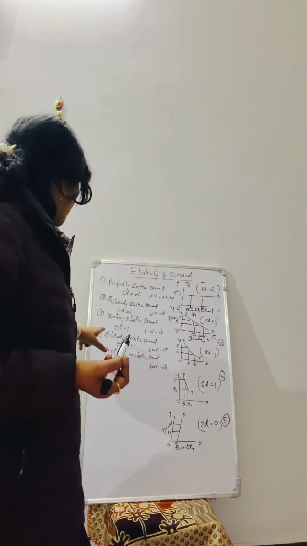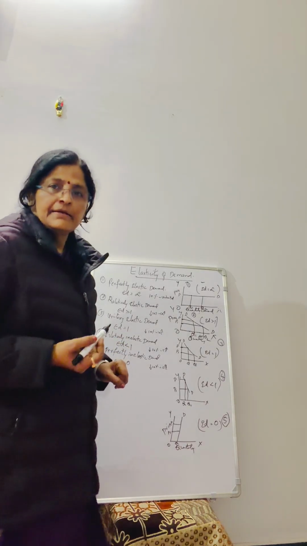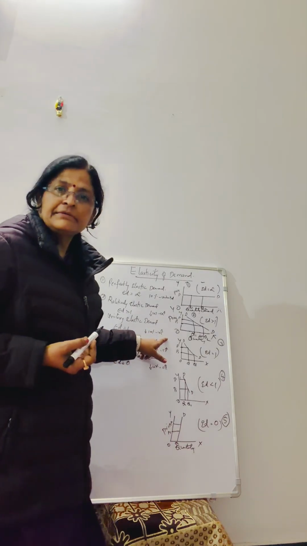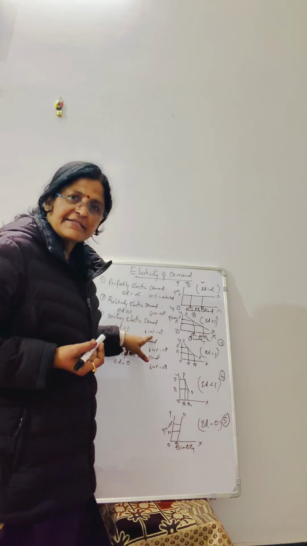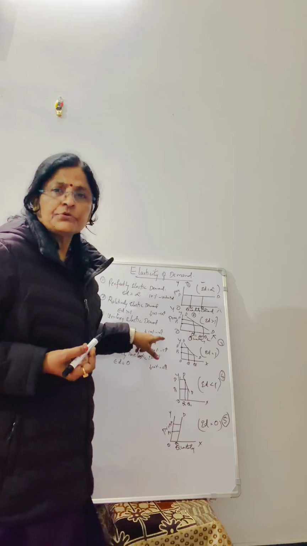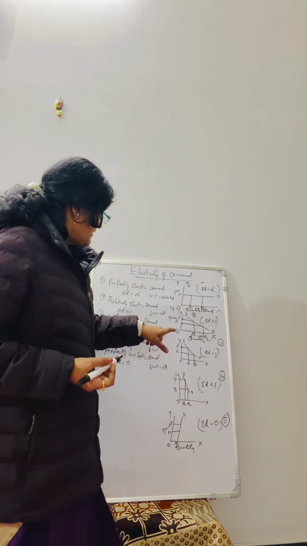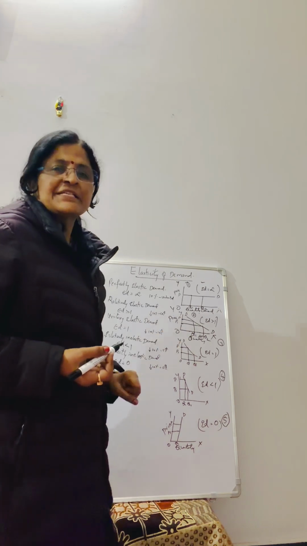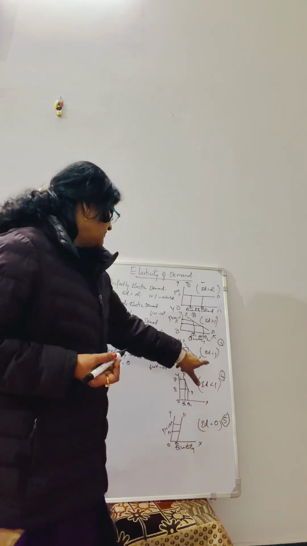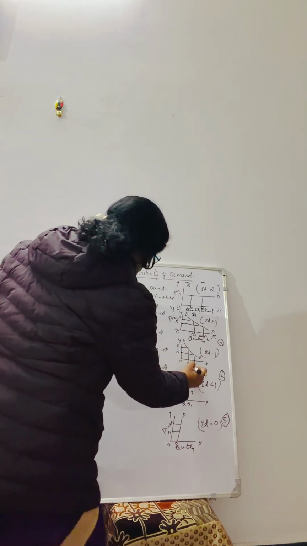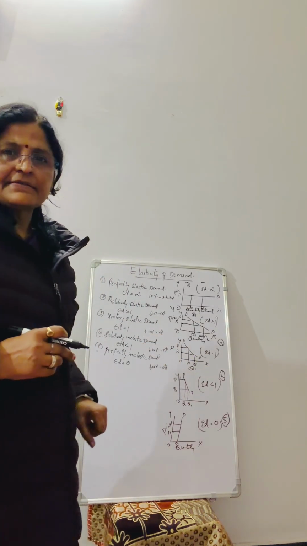So coming to the third, that is unitary elastic demand. Unitary elastic demand means here a 10% decrease in the price of the commodity leads to a 10% increase in the demand of the commodity. Now it can also be explained with the help of a diagram. On the OX axis we are measuring the quantity, and on the OY axis we are measuring the price.